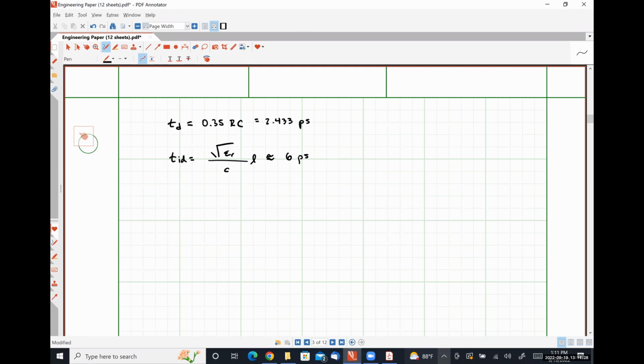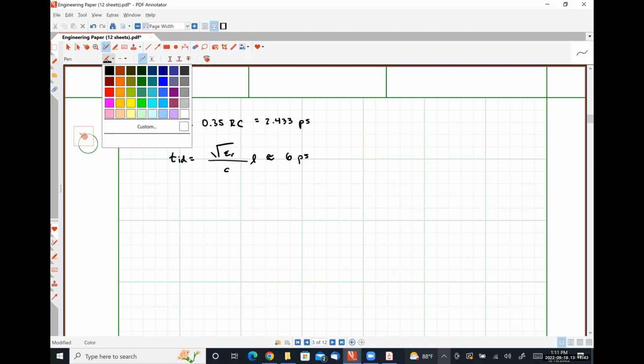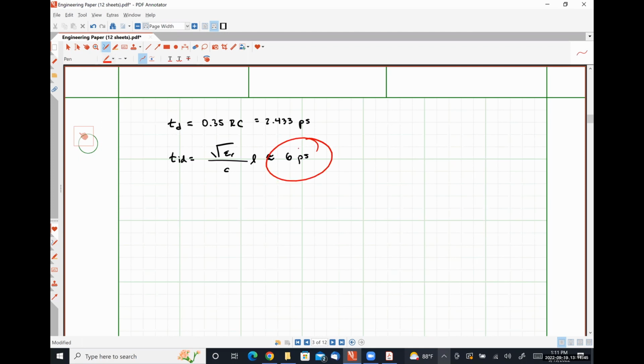So our delay time based on our R and C value is actually shorter than our intrinsic delay time that we can possibly achieve to propagate a signal down a transmission line that is being separated by the silicon dioxide, which means the true delay time for this RC network is closer to the intrinsic delay.